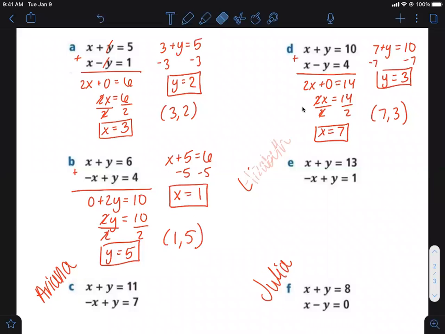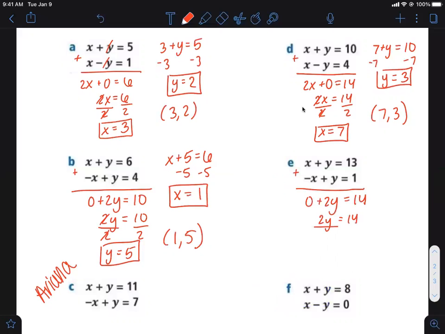All right, Elizabeth's group, you're up. So first I chose to cancel out the x's and I got 0 plus 2y equals 14. Nice. And then I divided by 2 on both sides and I got y equals 7. Cool.